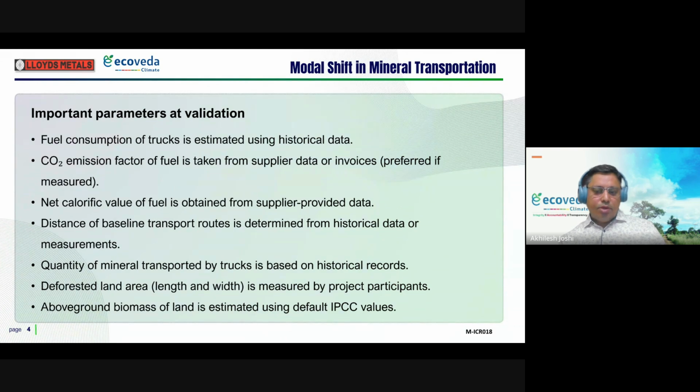Above-ground biomass of the land is estimated using default IPCC values here. If local values are available, they can be used, so that is the provision we are going to make. But yes, in the absence of reliable data, IPCC values will be used. Next slide, please.